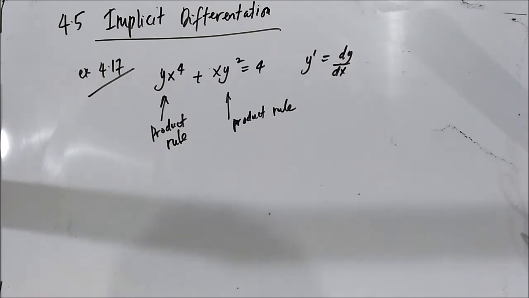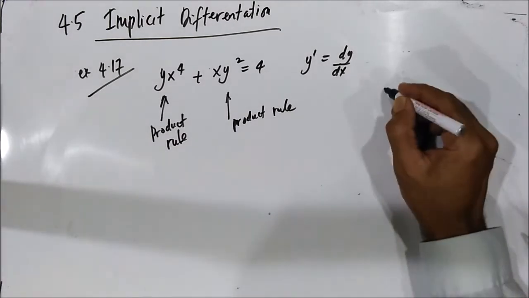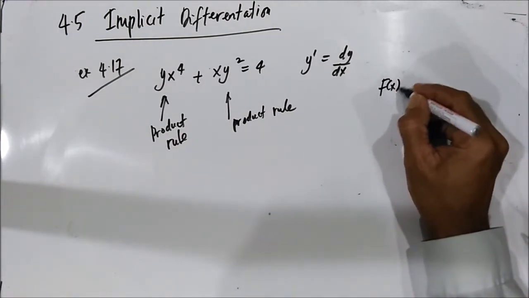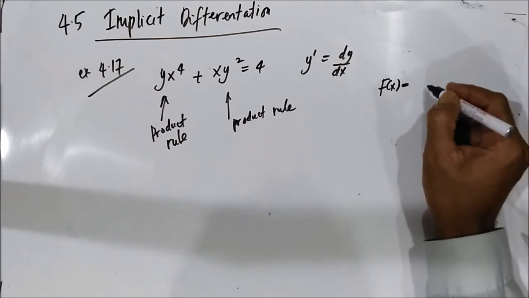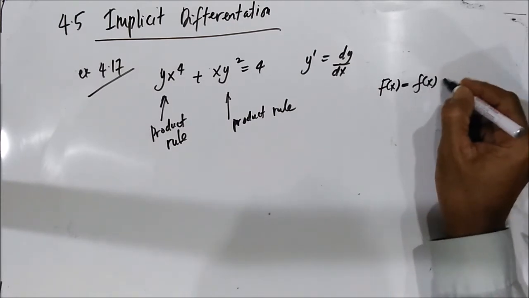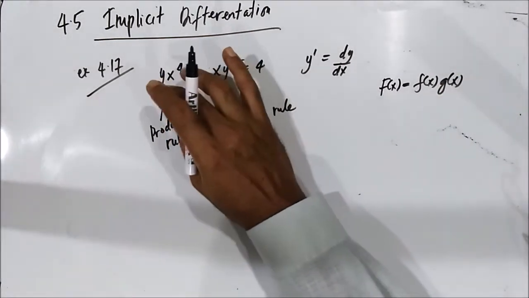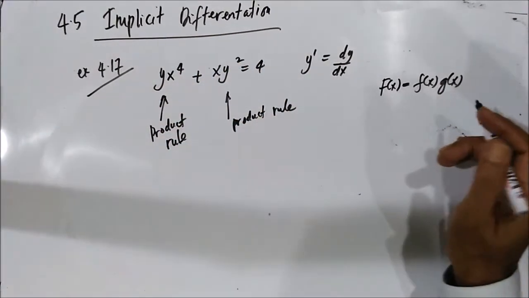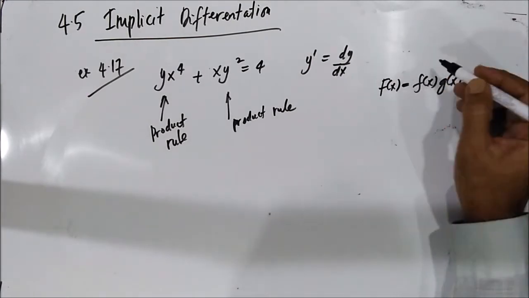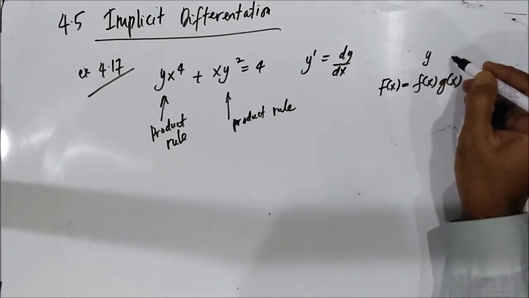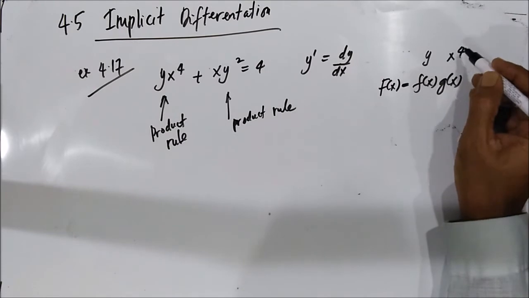Now the product rule says that if I have two functions here, let's say f(x) equal to f(x)g(x), okay, there are two functions: y multiplied by x raised 4. So here refers to y, and here is x raised 4.